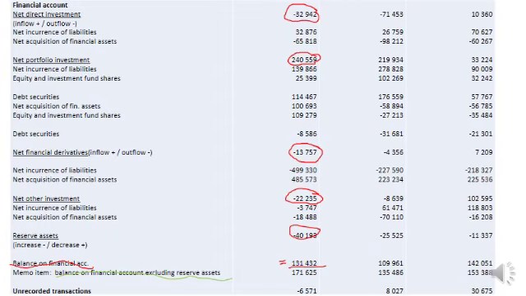So once again, it will be this amount, net portfolio investment, net financial derivatives, and net other investment. That will give you this amount of 171,625.